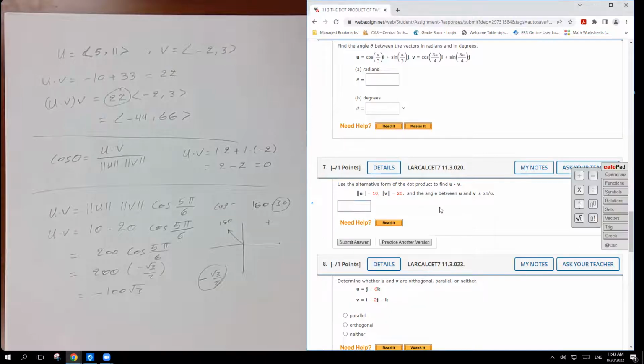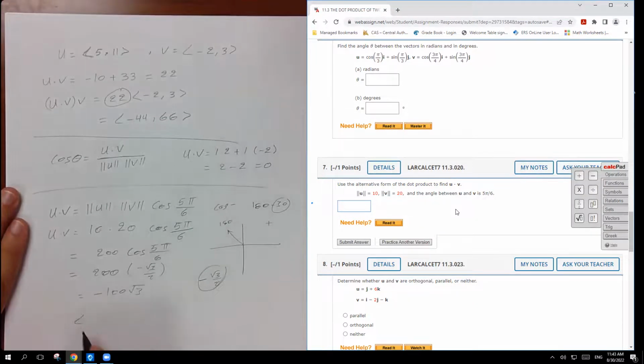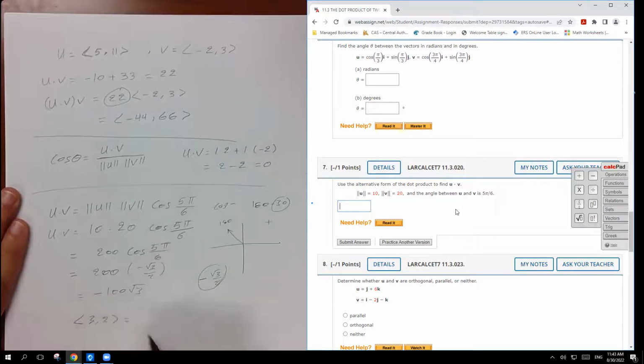Can you tell me the formula for finding the length of the vector? For this vector, let's say 3 and 2, it will be the square root of 3 squared plus 2 squared.